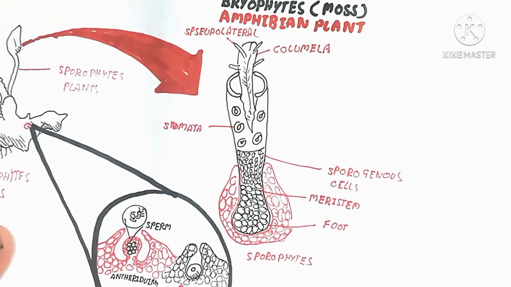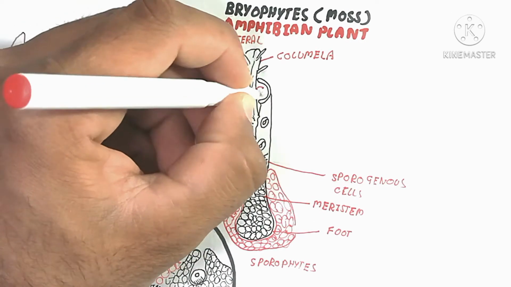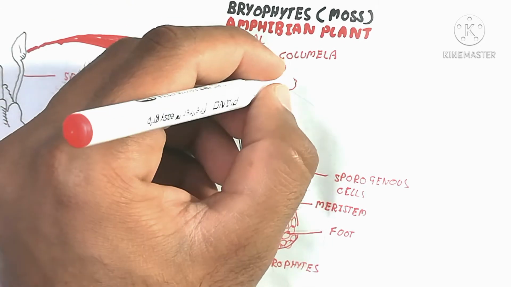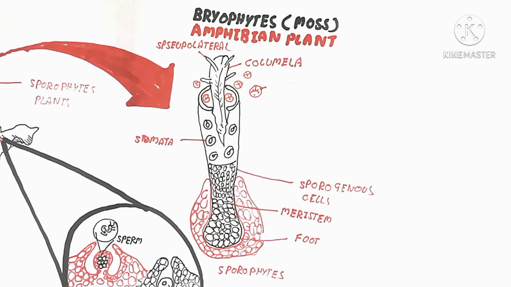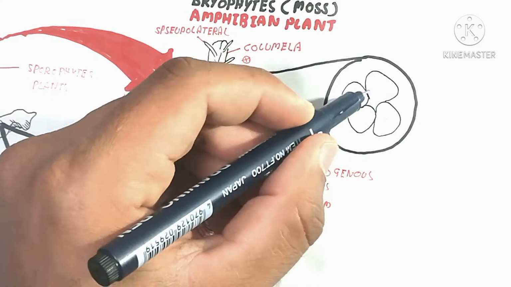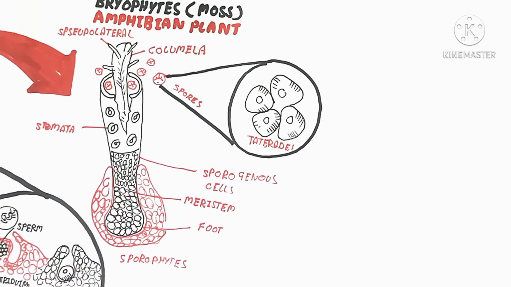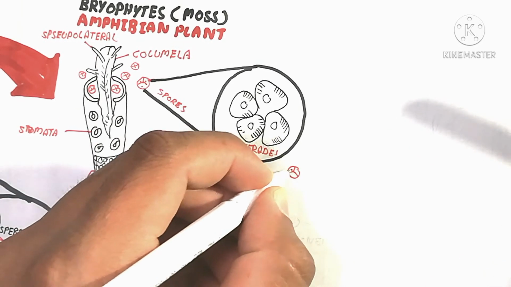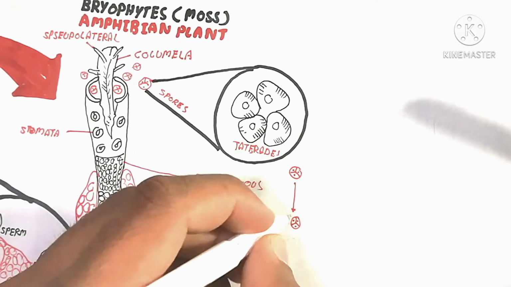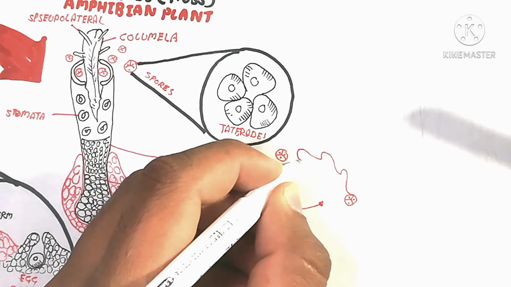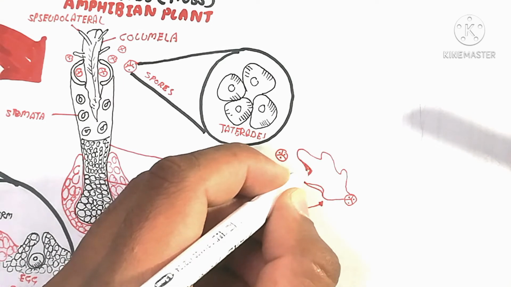Pseudolateral is present here, and there is the columella, and the spores will be produced from here, as you can see. Tetrads will be formed, and the tetrads will germinate. Male and female organs are present in the same plant.